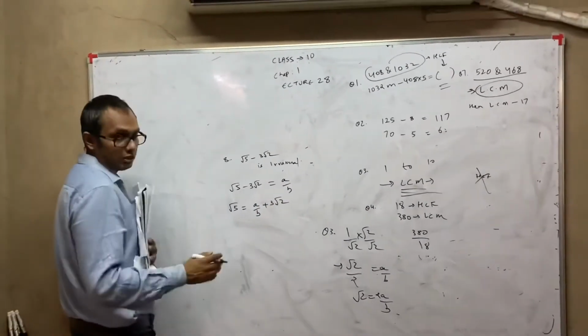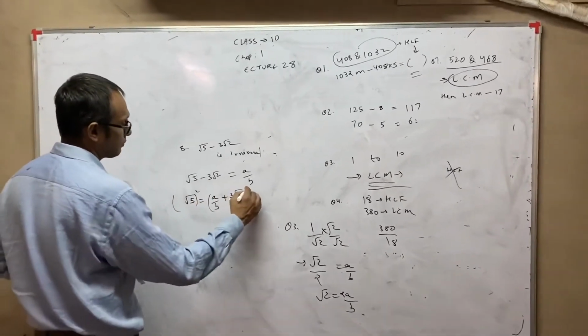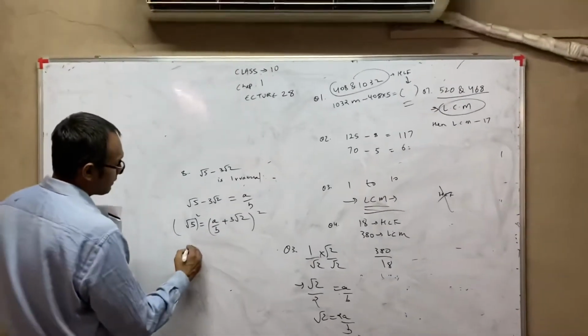Now you have to do whole squaring on both sides. Here it will be root 5 squared is 5.